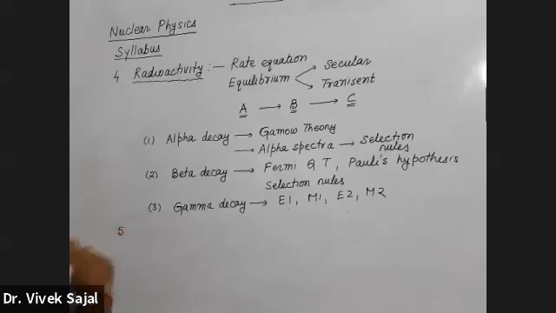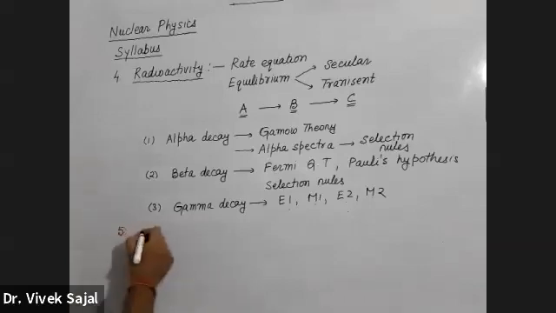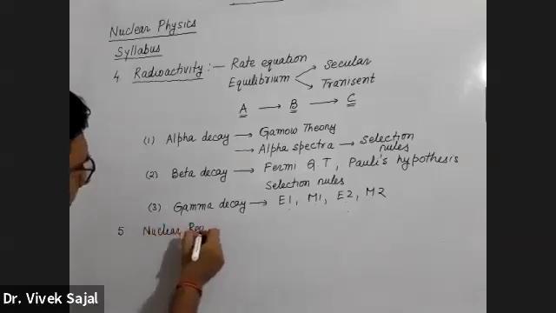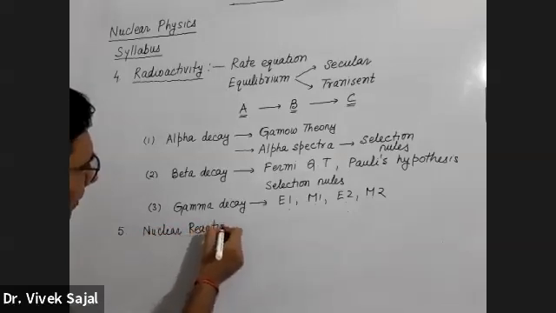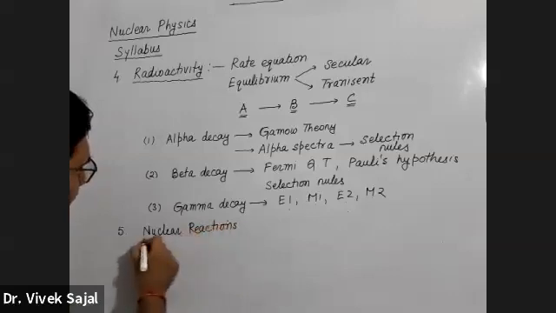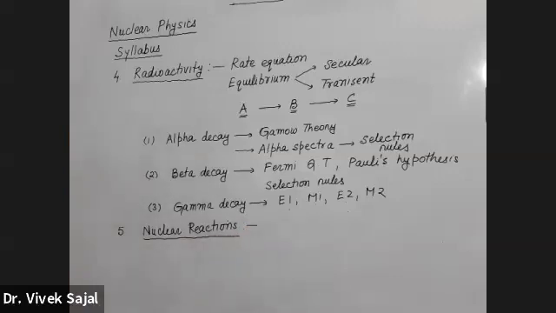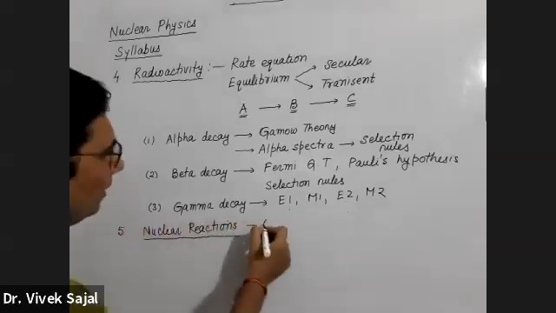And the second topic of part B is nuclear reactions. So we will discuss all three types of nuclear reactions: exothermic, endothermic, and elastic. So I am going to discuss all three processes on the basis of Q value.